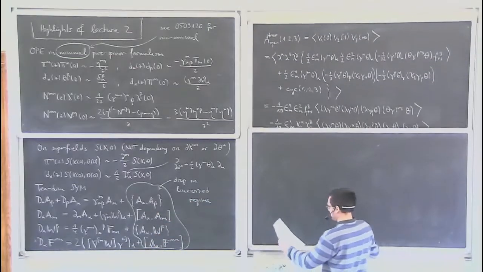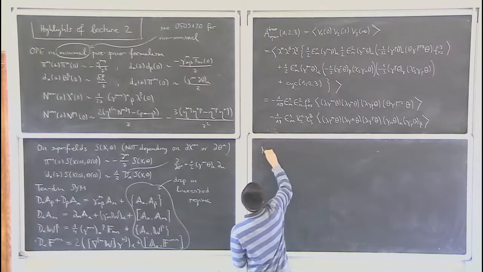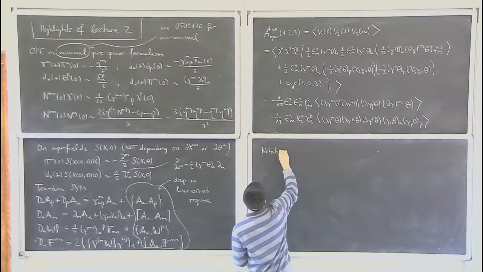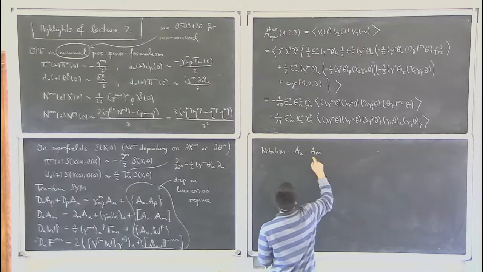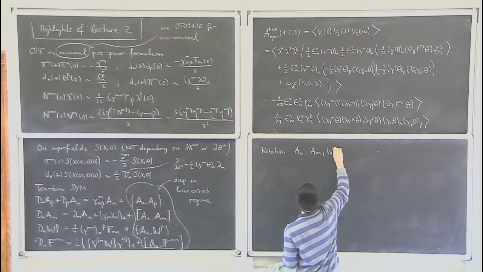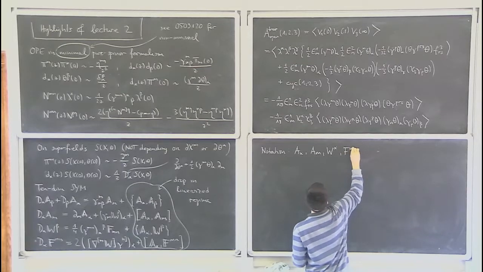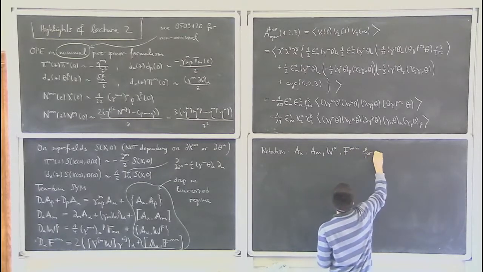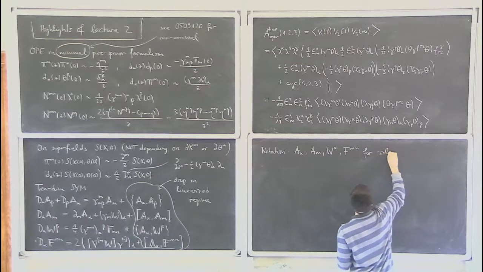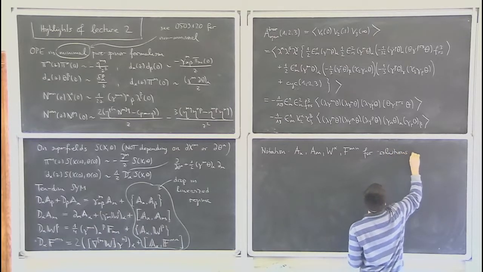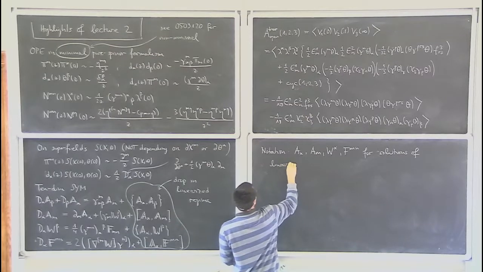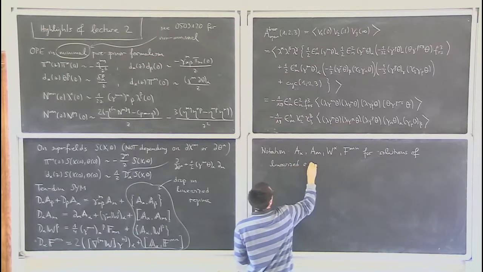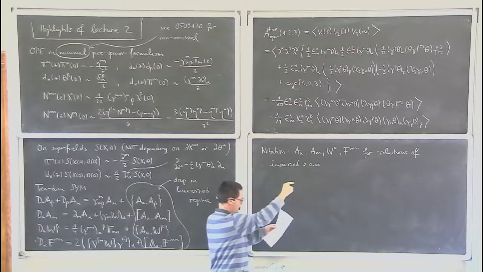And the notation for the linearized discussion is that you just omit the double dashes. So whenever I refer to solutions of linearized equations of motion, then I use the symbols you're seeing here.